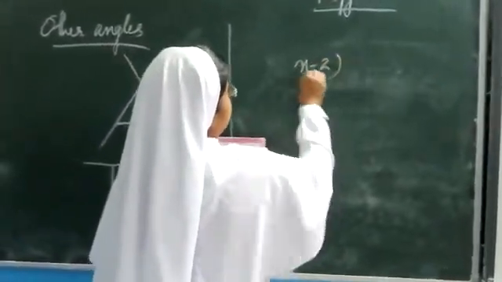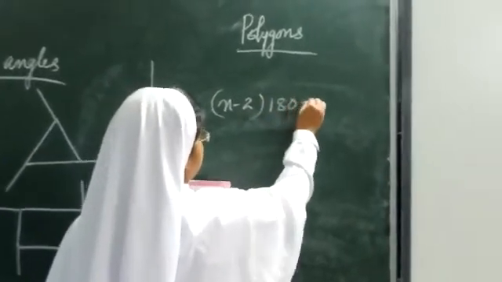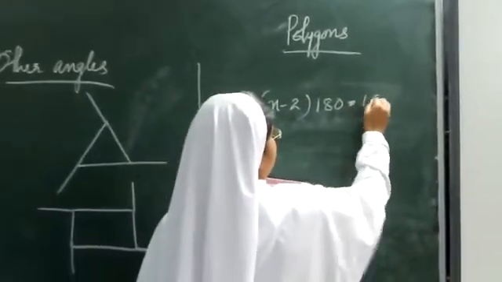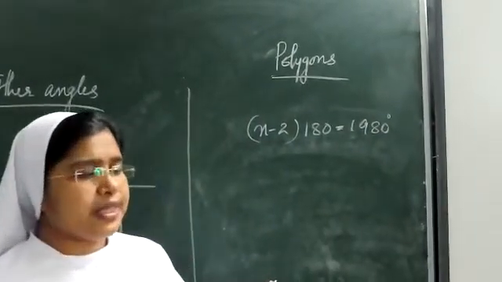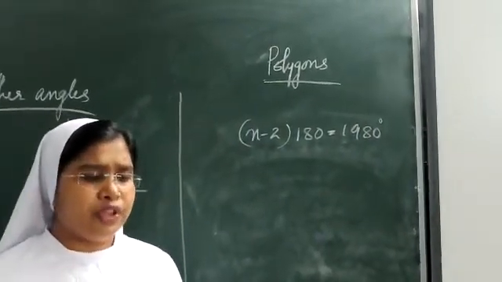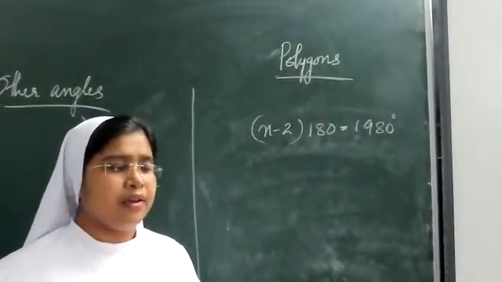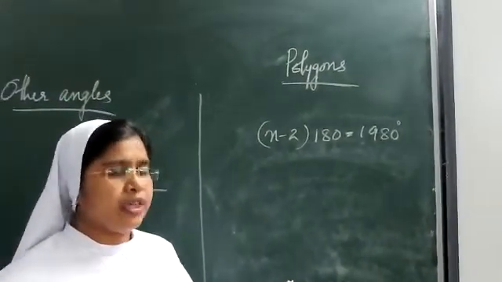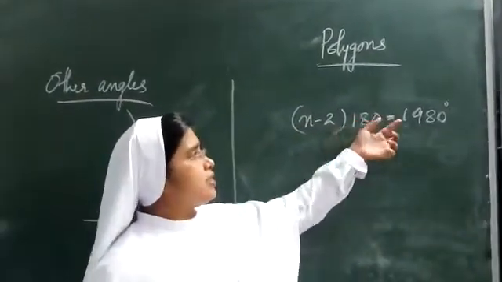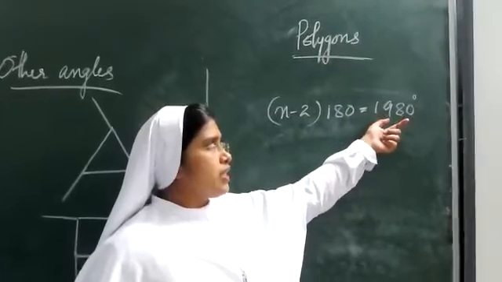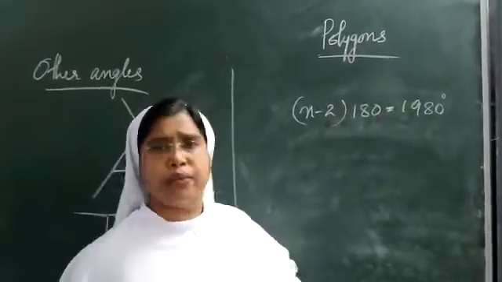N minus 2 into 180 is equal to 1980, it is given. What is the sum of the angles of a polygon with one side less? What about a polygon with one side more? So, this is the sum of the angles. 1980.